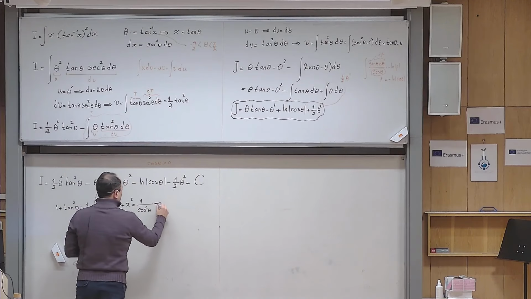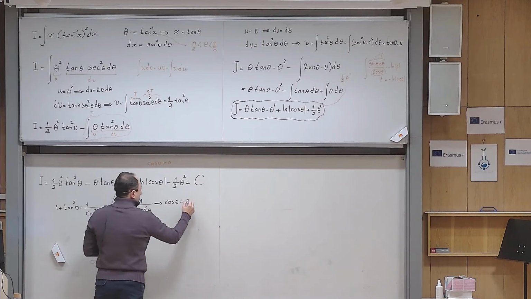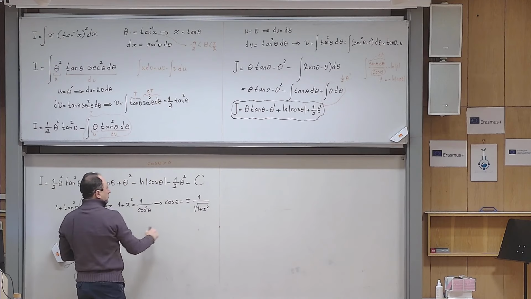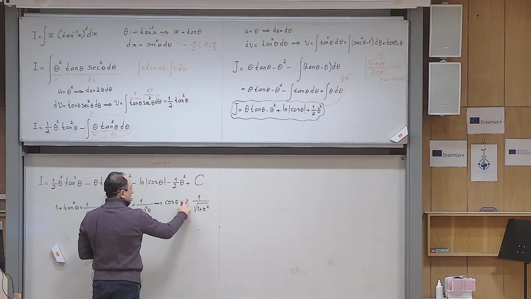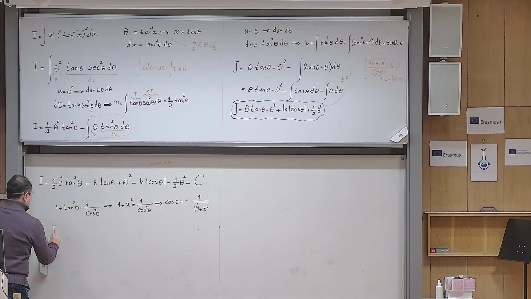So this means that cosine theta is plus or minus 1 over square root of 1 plus x squared. But as we learned before, the negative sign is not acceptable.